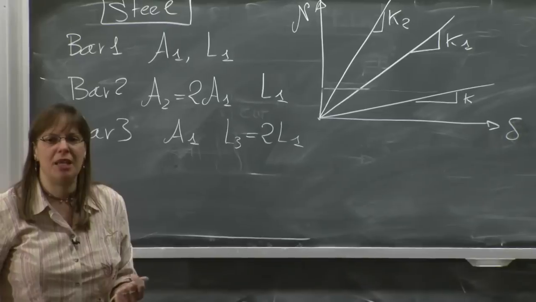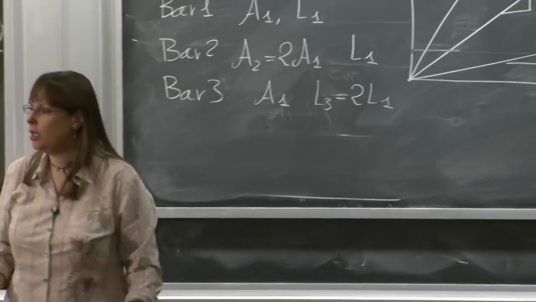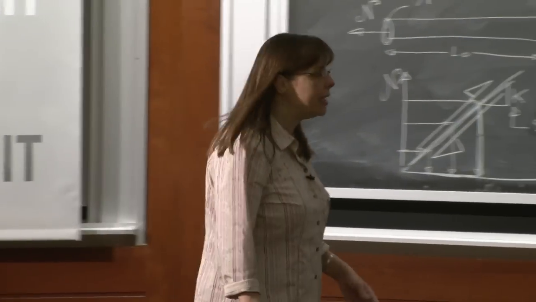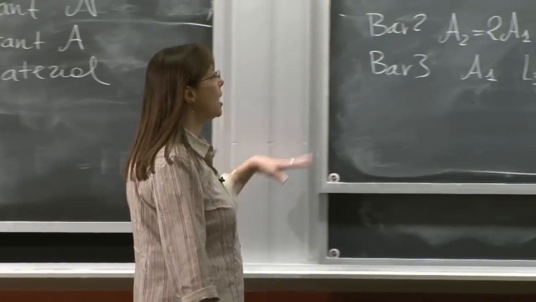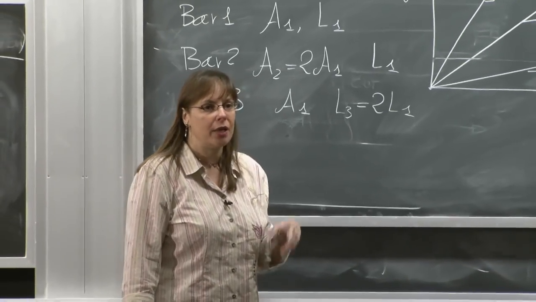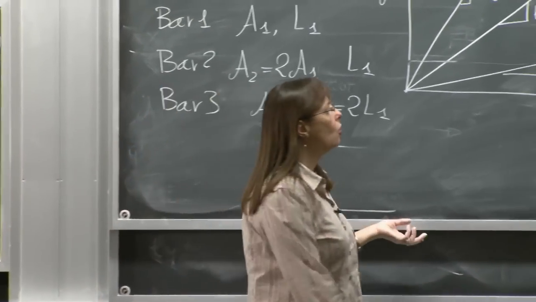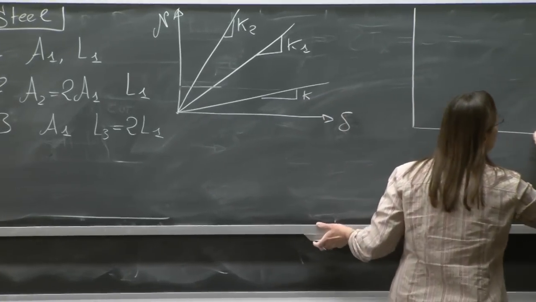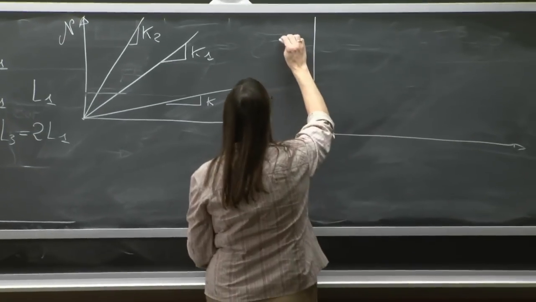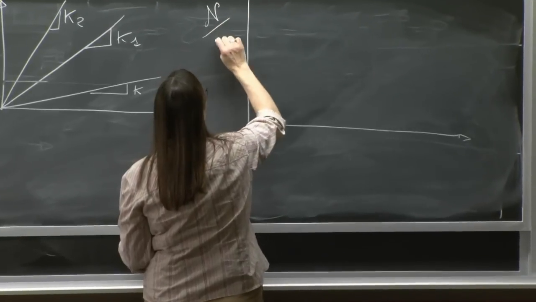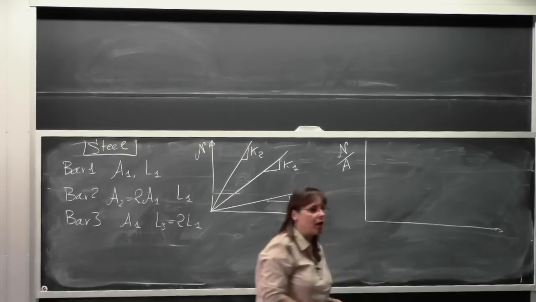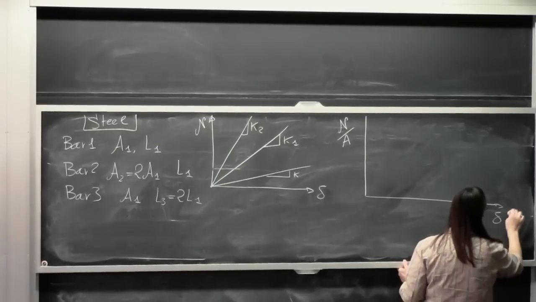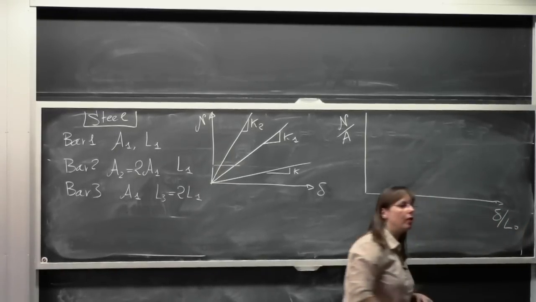So this K is useful, but in terms of predicting stuff, it's not really practical. It gives me the idea of normalizing things. Why don't I normalize things? What if instead of plotting things this way, I divide the axial force N by the cross-sectional area? Why not? And why don't I divide the elongation delta by the original length of the bar?